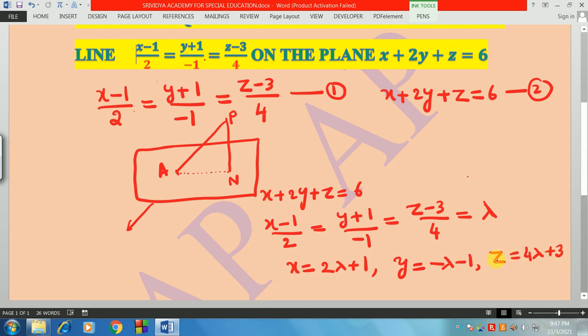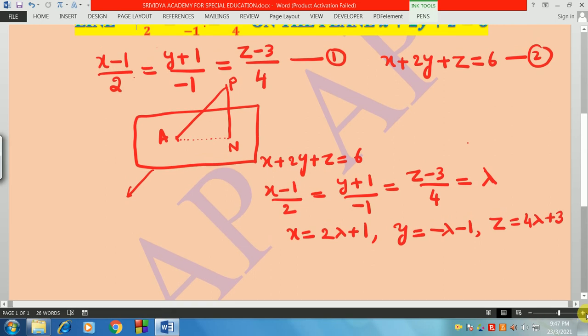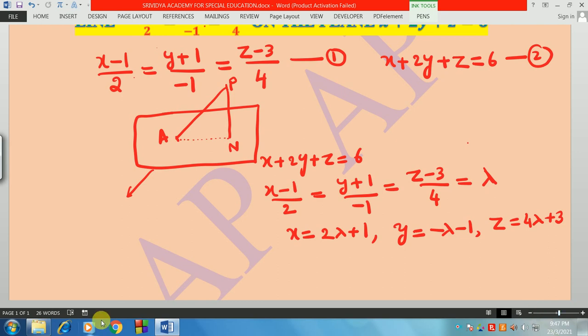Now this point (x, y, z) satisfies the equation of the plane x + 2y + z = 6, because this point lies on the plane. Therefore we will substitute x, y, z in the equation of the plane, that is equation 2.